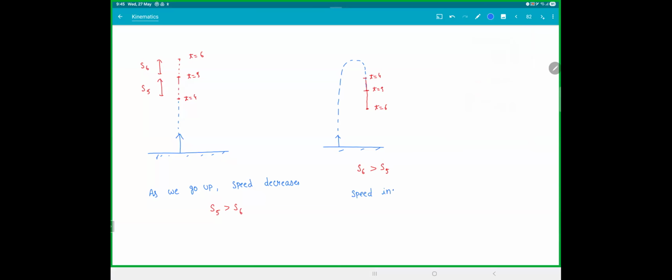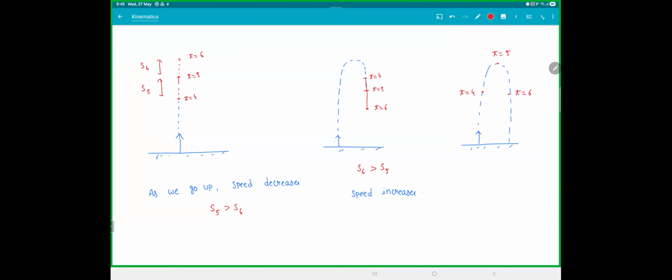So this is also not possible. Now, if you think about it, there's only one option left. That means you should not be going up, you should not be coming down. So this is possible only if you're traveling t is equal to 4 to t is equal to 5 while going up and 5 to t is equal to 6 while coming down.